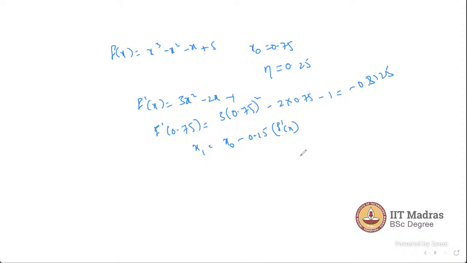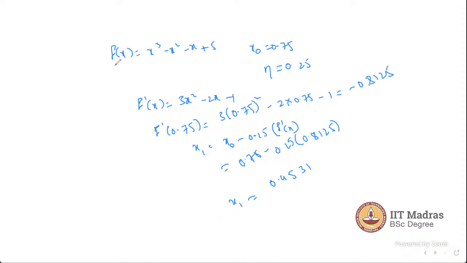So this will give x1 as 0.75 minus 0.25 into minus 0.8125, which will be equal to 0.953. This is the value of x1.